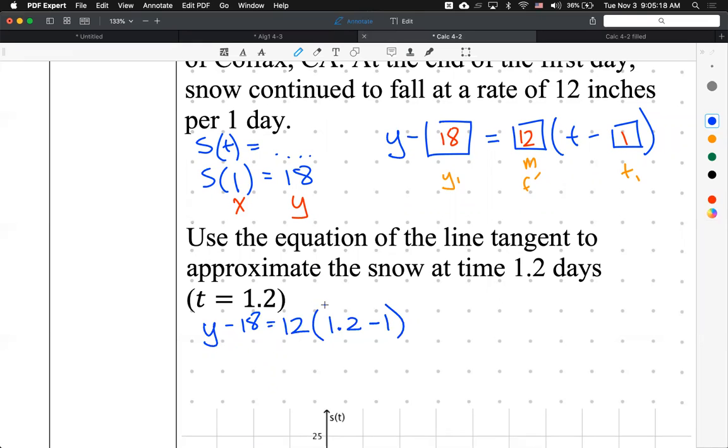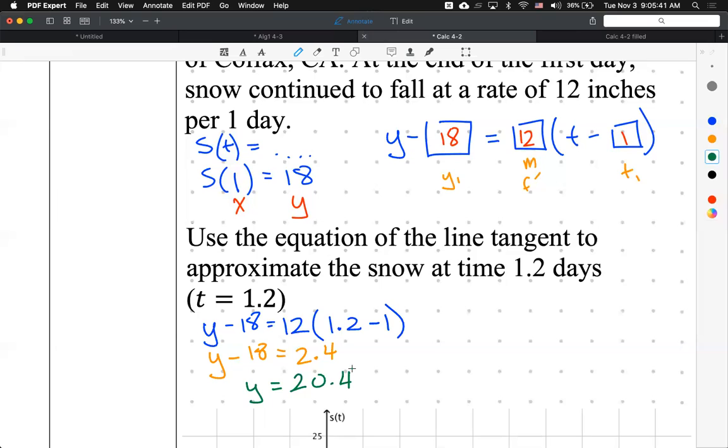Andrea, 0.2 times 12. 2.4. So now I have the new equation down here. Y minus 18 is equal to 2.4 using mental math. And Fiona, add 18 to both sides and you get Y is equal to 20.4. There it is, yeah.